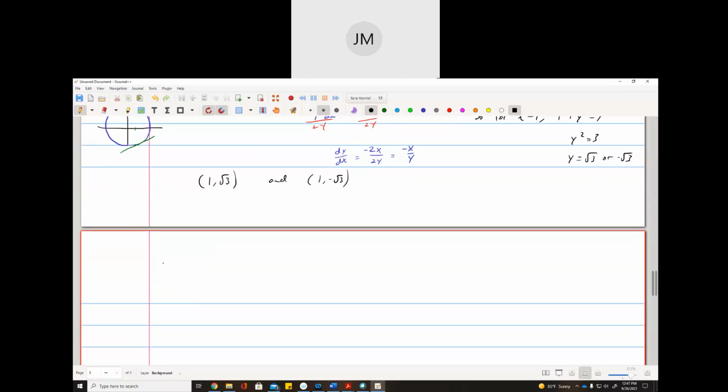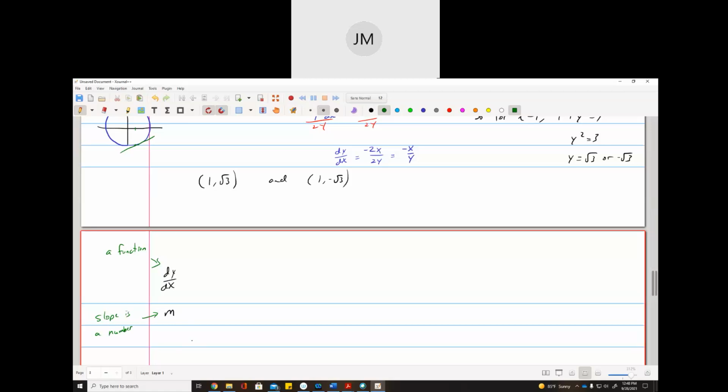So I'm going to show you, as we're doing this, the correct way to write notation. So dy/dx is a derivative. Okay, so this is a function. Slope is a number. But it's the output of that function.